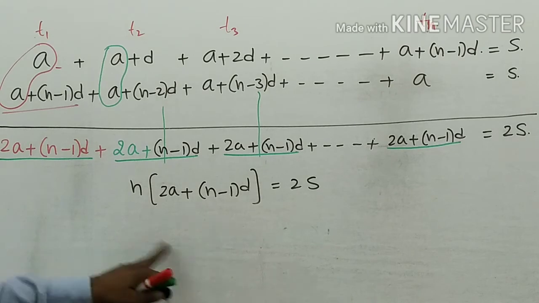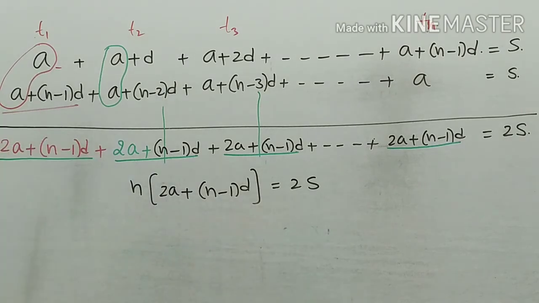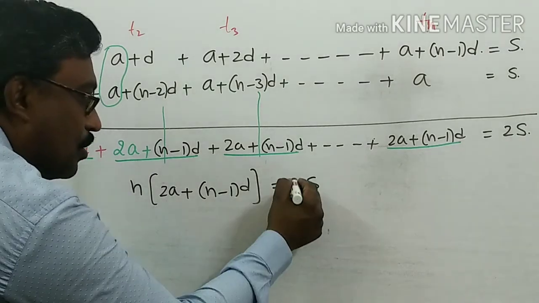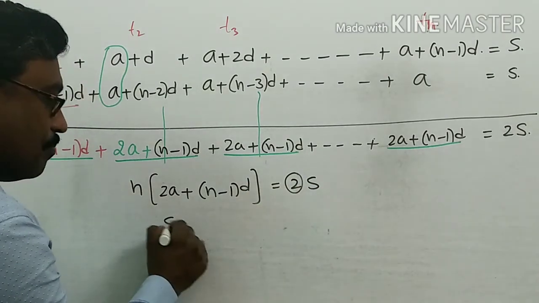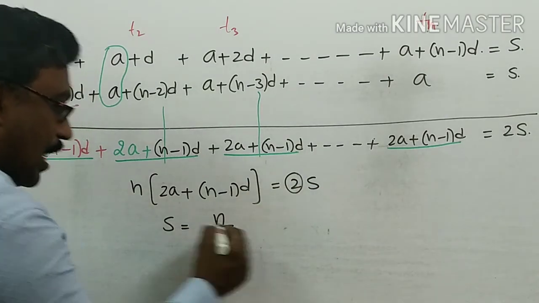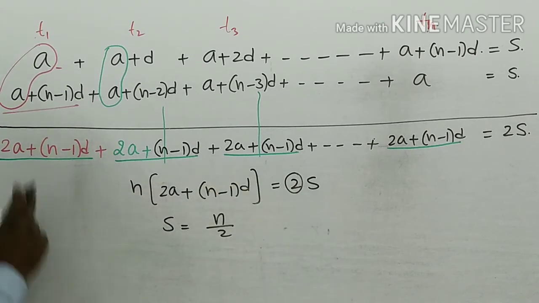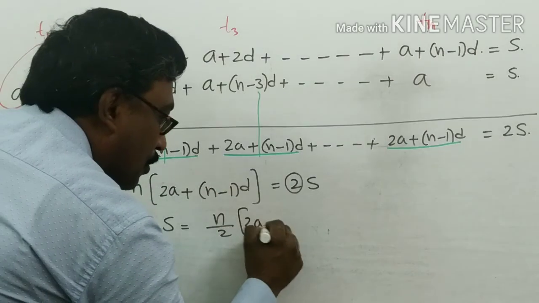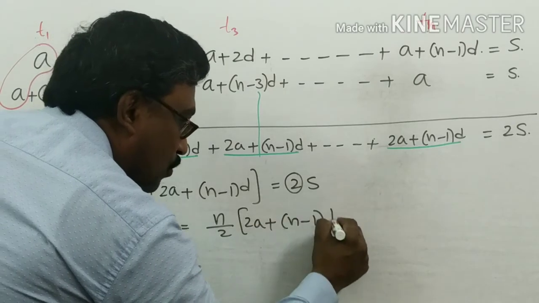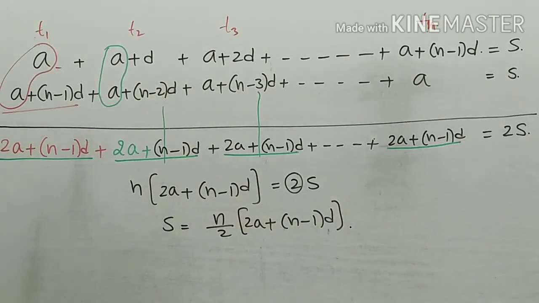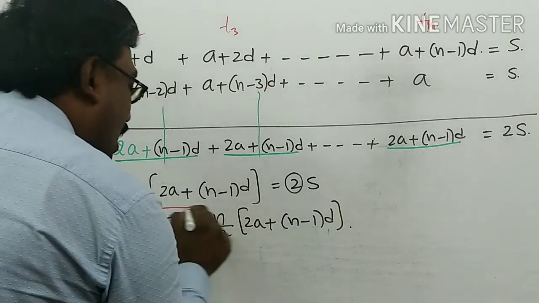I don't want 2 times S, I want S only. Then S is equal to, transferring the 2, simply I will write n by 2 into (2a + (n − 1)d). So now I got a formula. What is that formula?